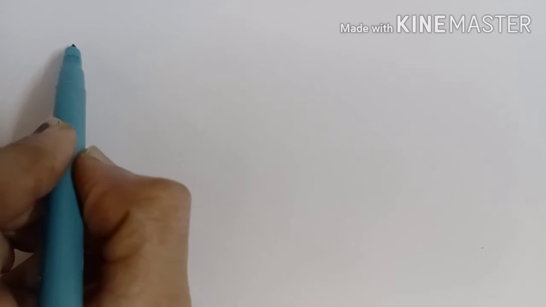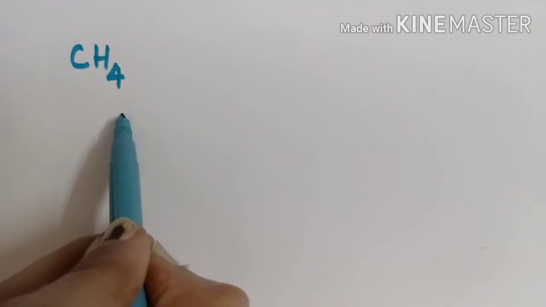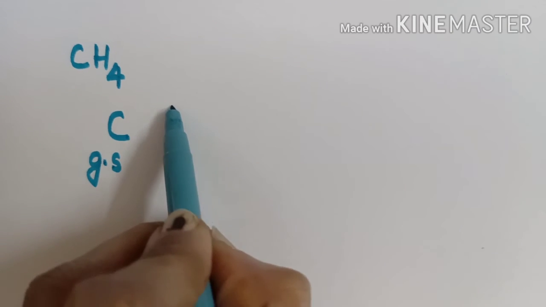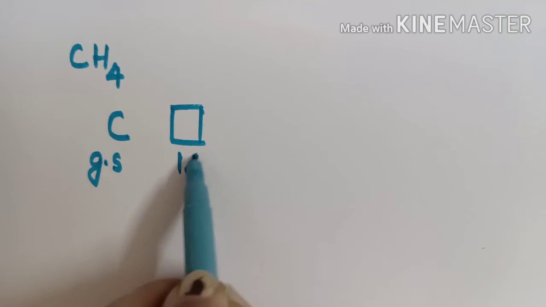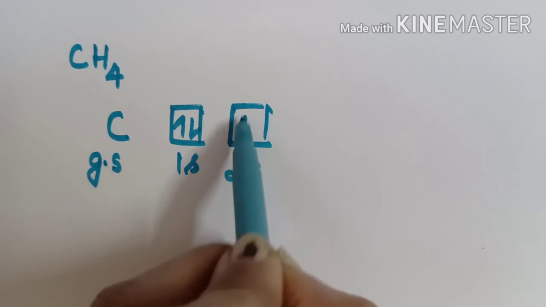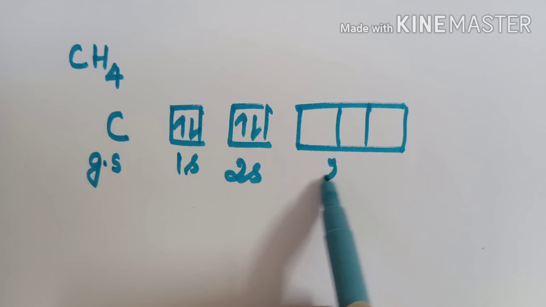Now we will discuss the case with the methane molecule. What is the methane molecule? Methane molecule has a formula CH4. Which is the central atom here? It is carbon. Carbon, the ground state configuration will be 1s2, 2s2, and 2p2.